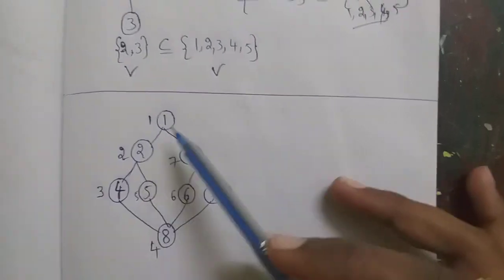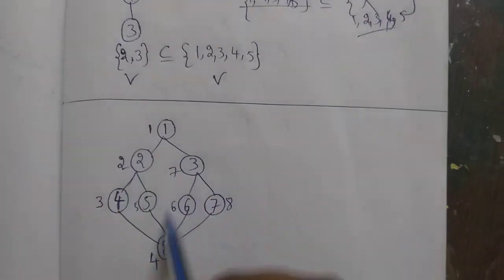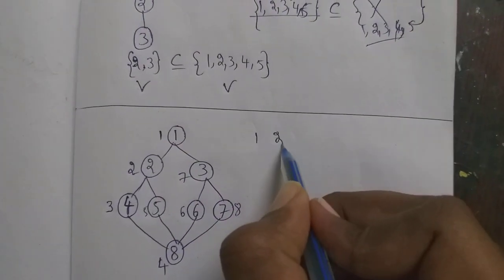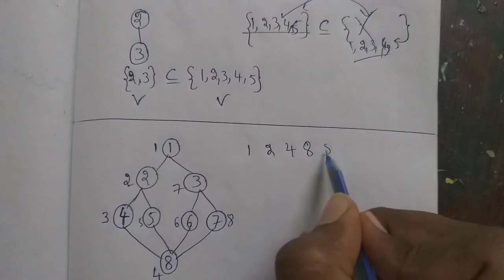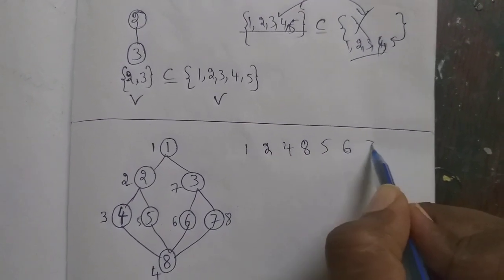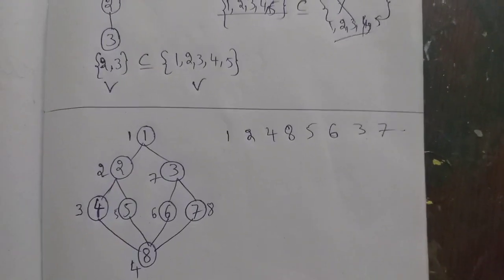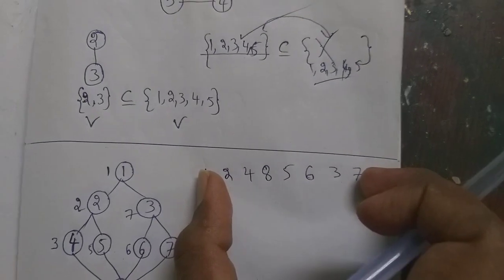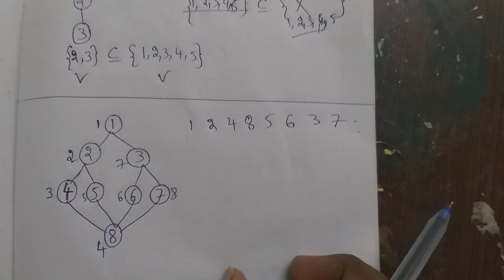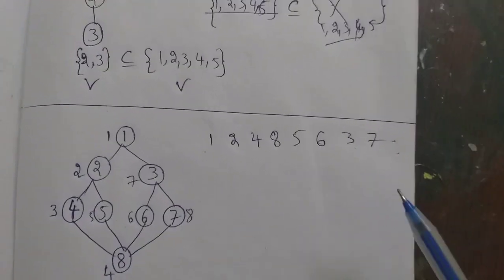If we visit the vertices in this path, what is the depth first traversal of this graph? 1, 2, 4, 5, 8, 5, 6, 3 and 7. This is the depth first traversal. If you represent this depth first traversal in the form of a tree, the result we get is a spanning tree.